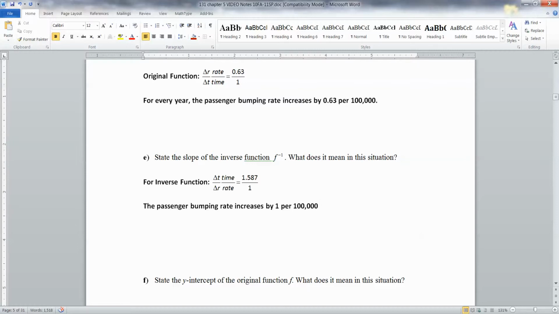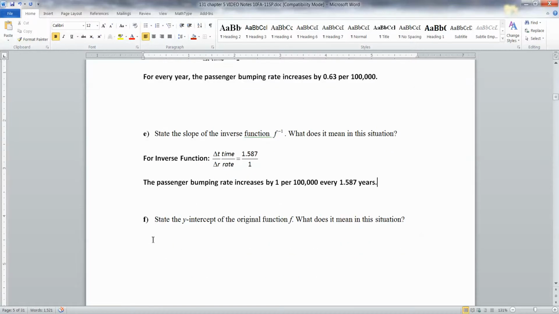They're not bumping one more passenger, they're bumping one more per 100,000, which is sort of like bumping a passenger a day or something like that. So the passenger bumping rate increases by 1 per 100,000 every 1.587 years. It takes 1.587 years to boost the passenger bumping rate by 1 per 100,000. That's another way you could say it.